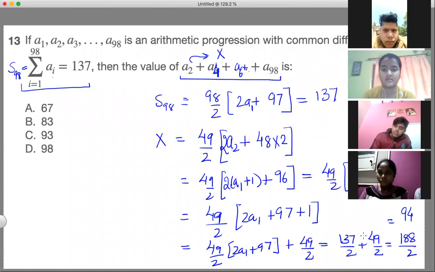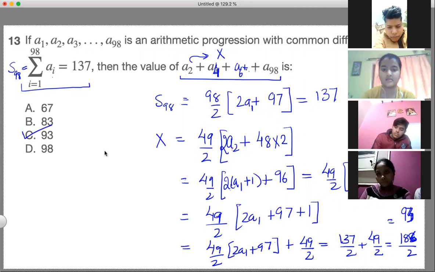Is that correct? So no, 186 by 2, 93. Okay, so we will get 93. C is the answer.